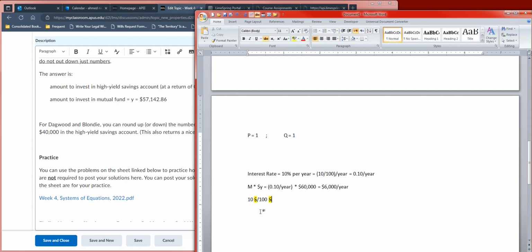It does not have units, which is why you're able to write 0.1 per year, and then this whole quantity multiplied by dollars to equal, I'm just going to write this, dollars per year, right?